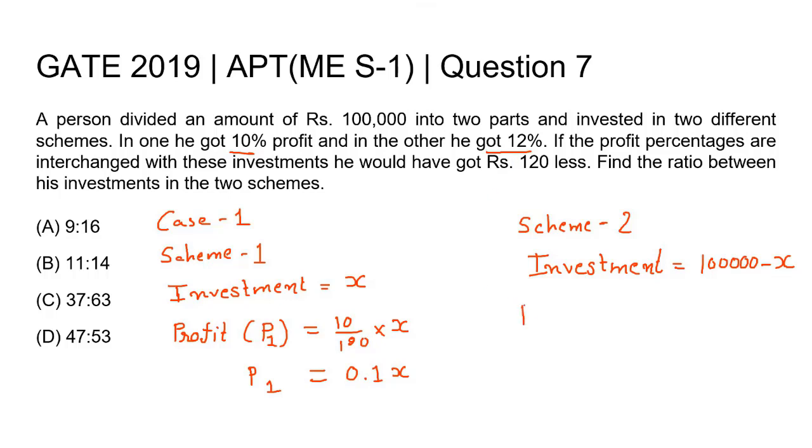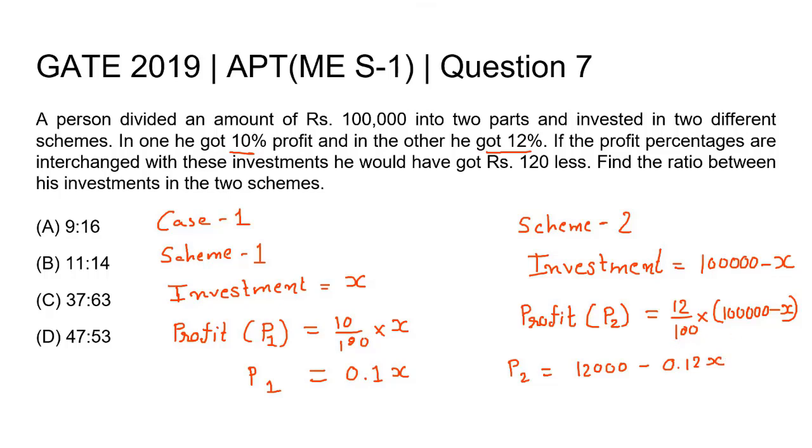Therefore, the profit, which we will denote here by P2, will be equal to 12 by 100 times the invested amount, which is 1 lakh minus X. Therefore, we can write that P2 is equal to 12,000 minus 0.12 X after opening this bracket.